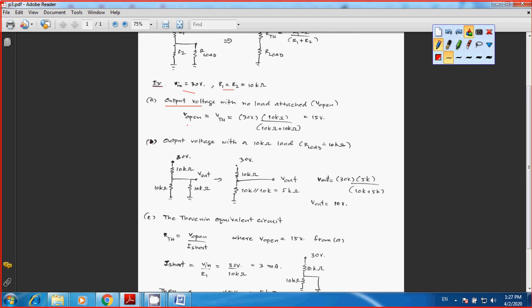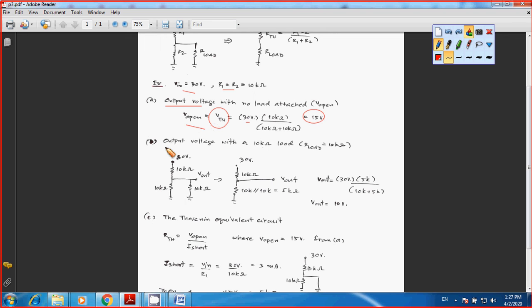So your V open is going to be equal to the input voltage, which is 30 volts, multiplied by R2, that's 10k, divided by R1 plus R2. This means you have 10k plus 10k. So you end up with the open circuit voltage to be 15 volts, and that's also the VTH or Thevenin voltage.